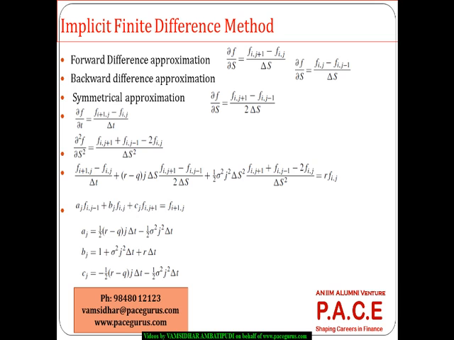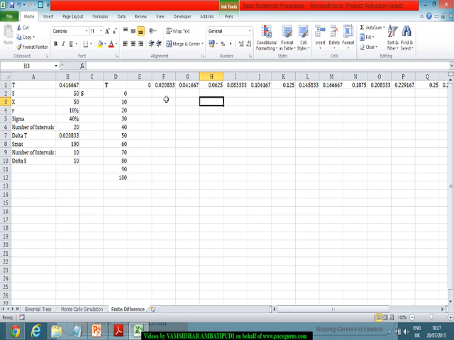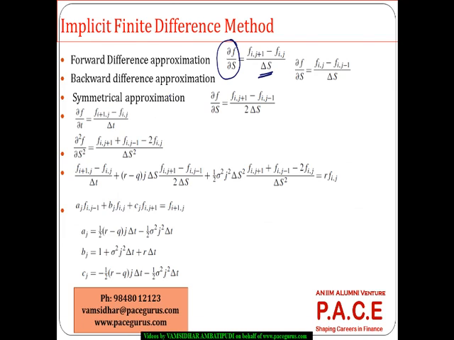Then we are defining a few important definitions here. Forward difference approximation: when I am talking of dou f by dou s, it is nothing but f(i, j+1) minus f(i, j), where i is associated with the time.